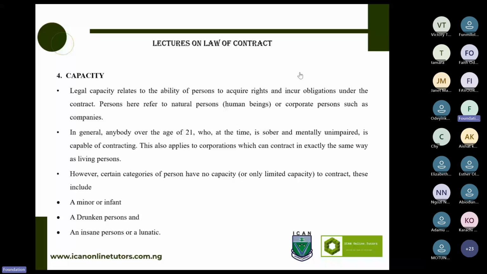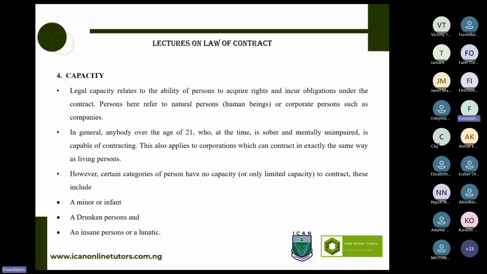So capacity to contract, I've also given you a brief meaning to that. So let's go into it as a topic. If you check through the past questions, you might have the following kind of option.